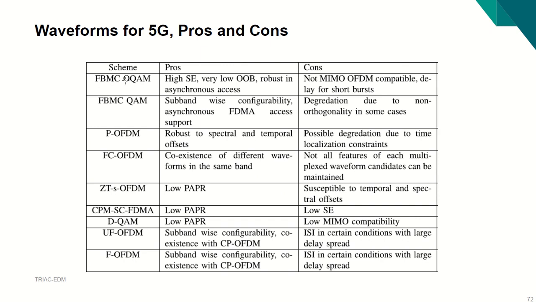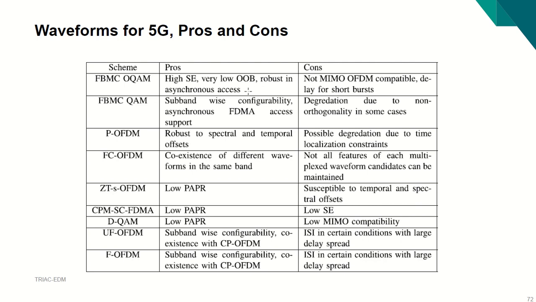There is QAM and also OFDM, FDMA, with various waveforms in this 5G framework. And each one has its pros and cons, advantages and disadvantages.